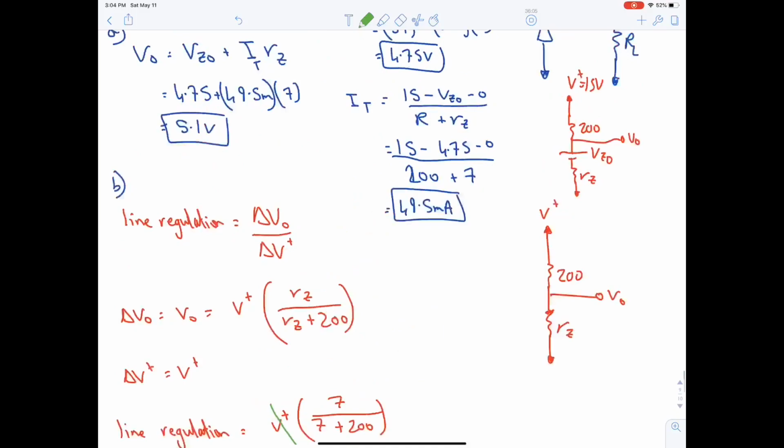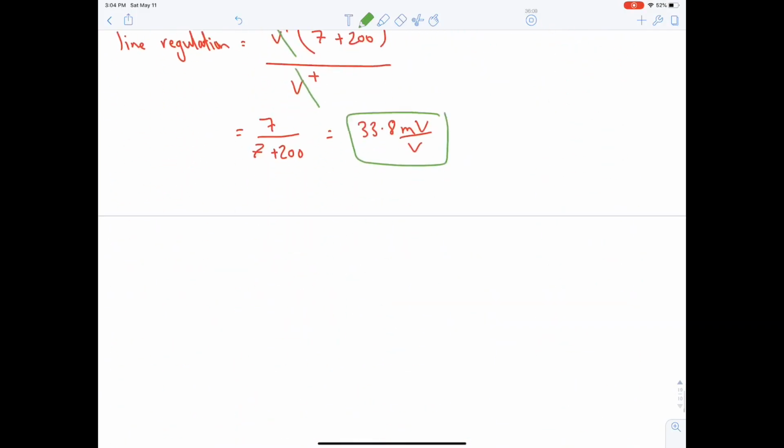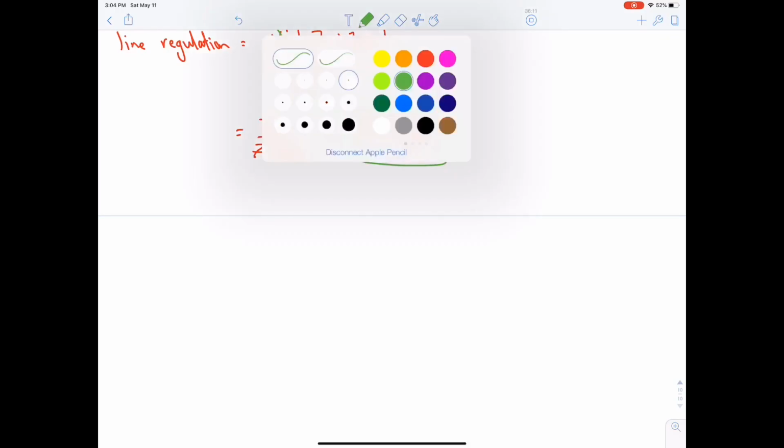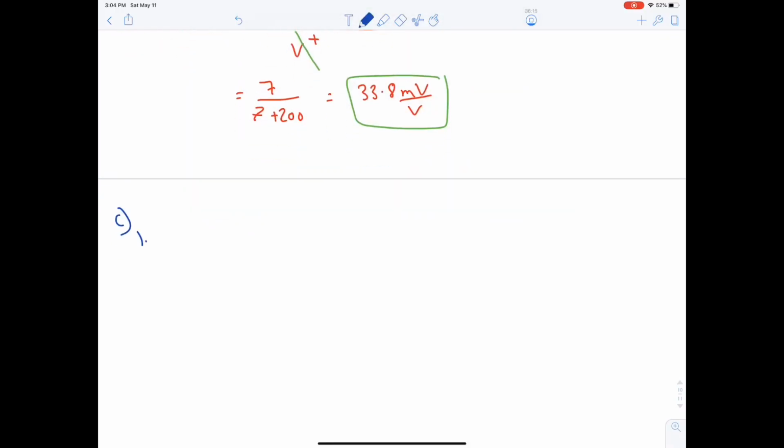Now the load regulation, for part C. Load regulation is equal to delta V naught divided by delta IL. Okay, in order to compute the load regulation, we need to have a load resistance.